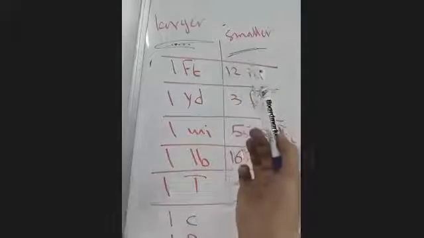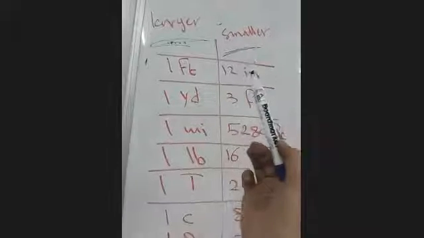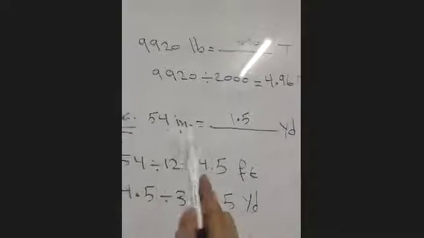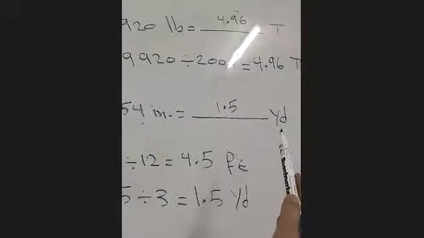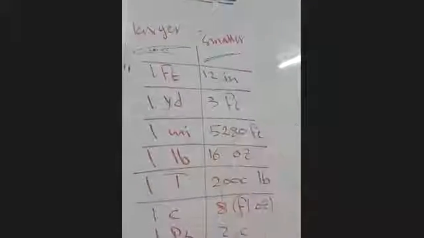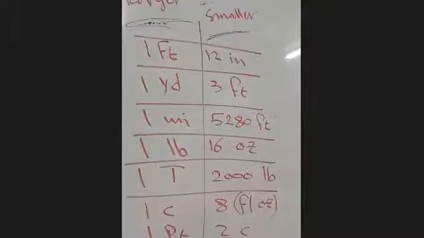I mean 1 unit here and 1 unit here. 1 foot is larger than 1 inch. So, if the question is, for example, inch to yard, which is larger, the inch or the yard? The yard, because the yard is on the left and the inch on the right.